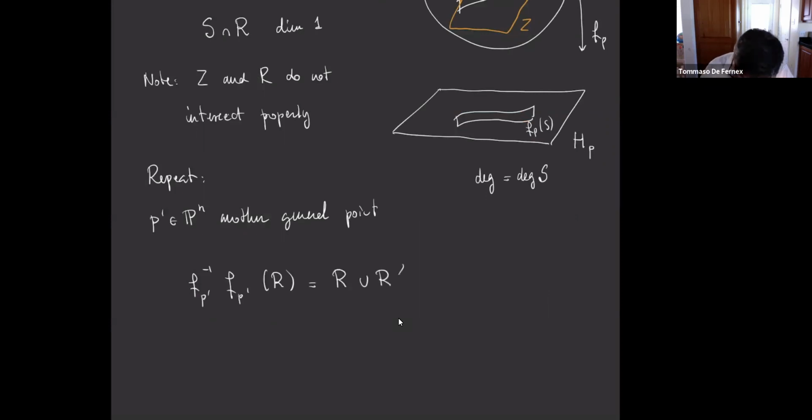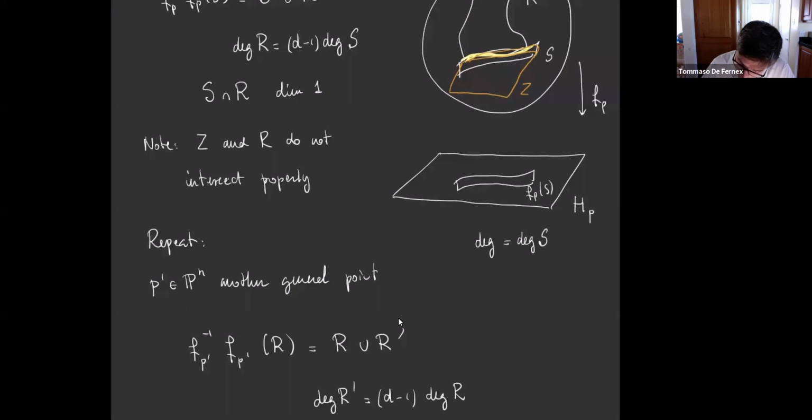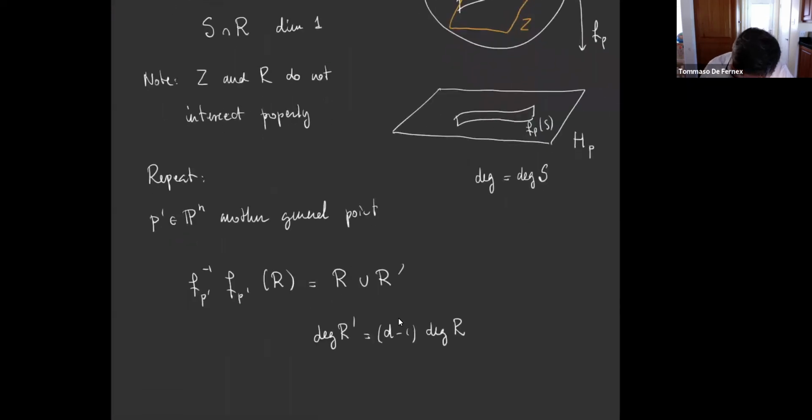And now what is the degree of R prime? By the same argument, it is d minus 1 times the degree of R. The degree of R we computed before, so this is d minus 1 squared times the degree of S.